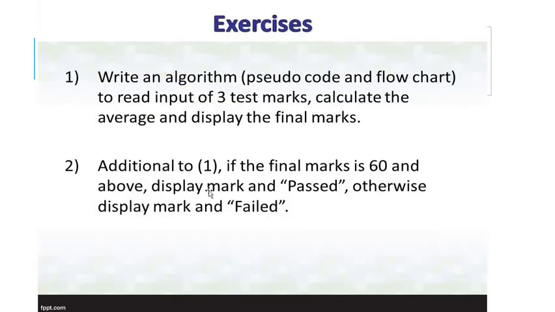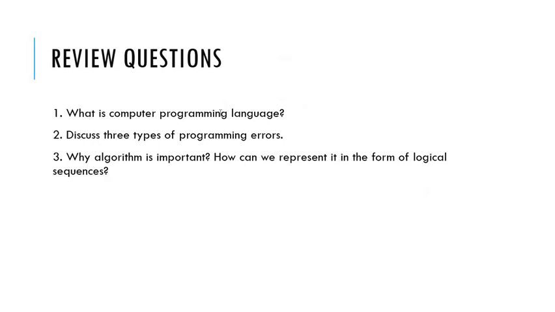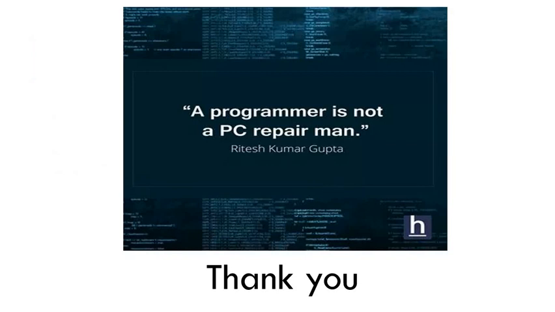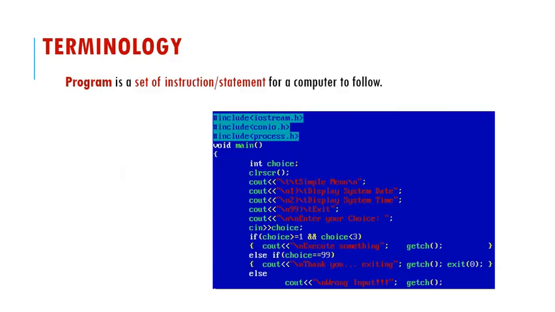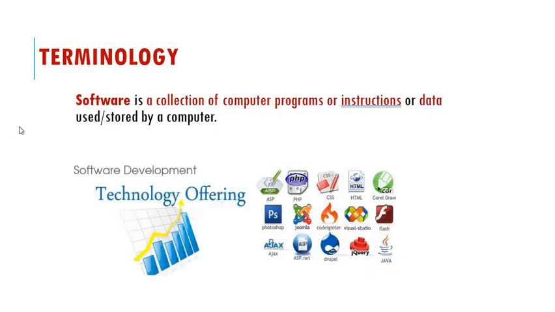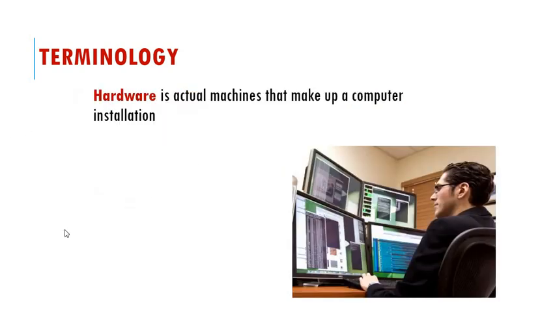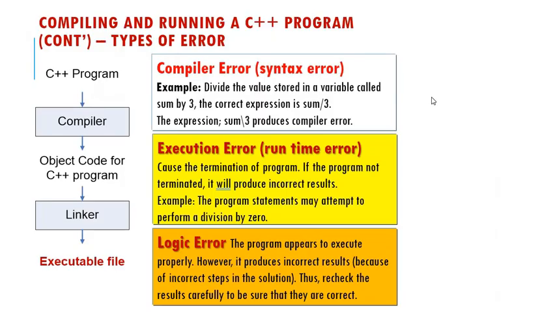This one is the exercise. You can also try after the class, and this one is the review question. So that's all for chapter 1. I already explained to you the terminology. There are three important terminologies, which are program, software, and hardware. And I already explained to you 3 types of error.